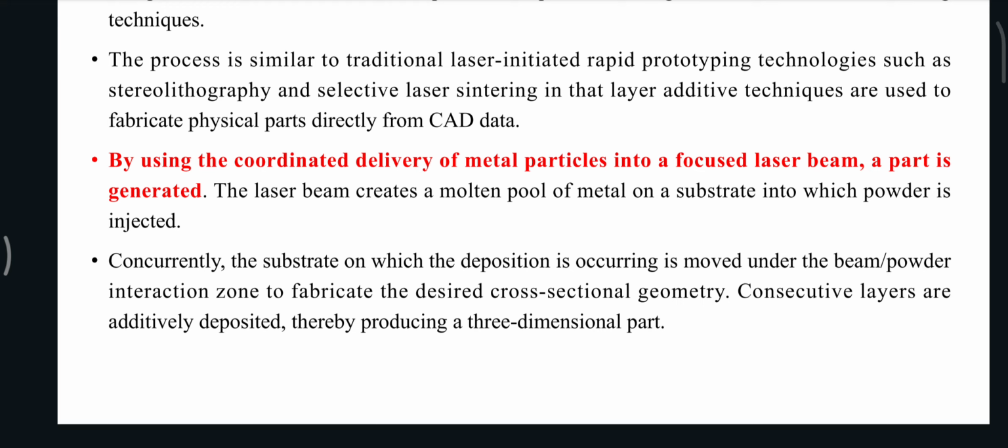Concurrently, the substrate on which the deposition is occurring is moved under the beam-powder interaction zone to fabricate the desired cross-sectional geometry. Consecutive layers are additively deposited, thereby producing a 3D part.